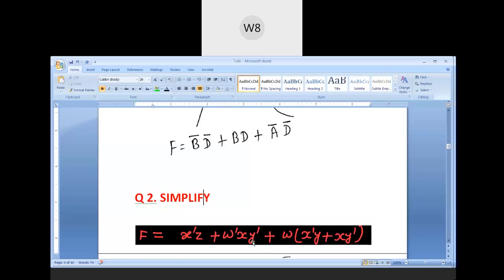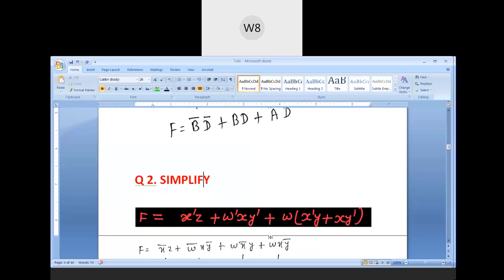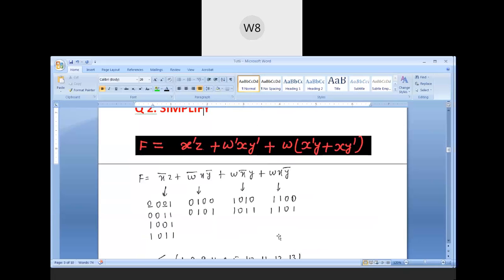So that way you will have all the variables in each of the terms, and then you can see which of the terms represent which min term. So that is one way, and that could be lengthy if you have more number of variables. That technique works fine for up to three variables.